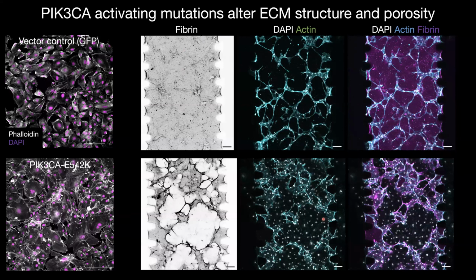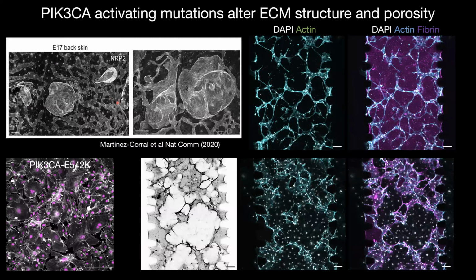Now, if we look at the cell structure, similarly, we can see that these voids within the fibrin hydrogel are lined by endothelial cells, and they form these open bulbous sacs, more so than the interconnected network that are seen in the wild type. And this, again, has been consistent with what has been seen in animal models, and in fact, is consistent with some of the feedback we got from clinicians that these kinds of voids are present in lesions and in patients who have these PIK3CA-driven vascular malformations.